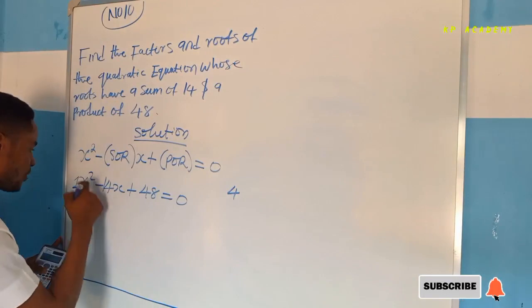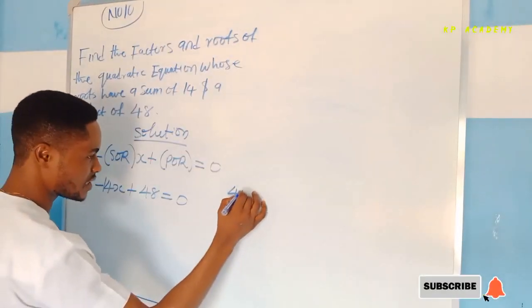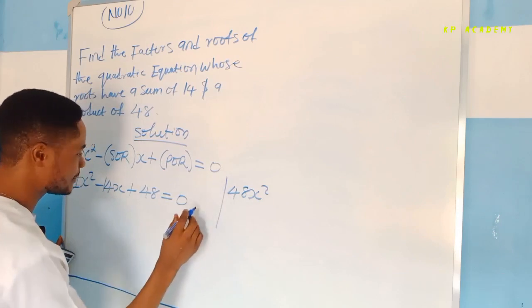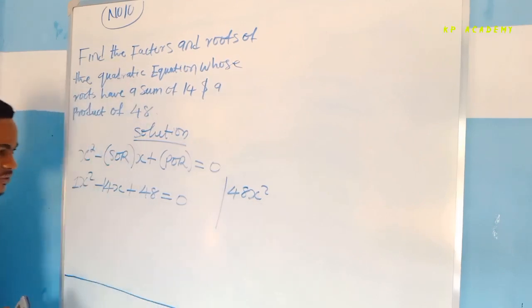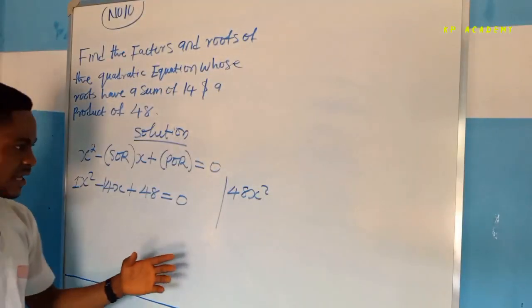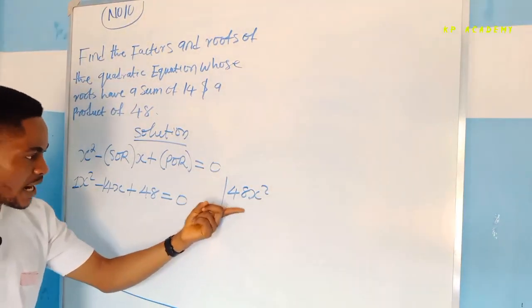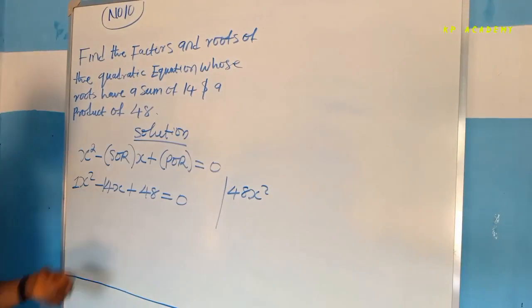Now, the whole of this, which is 1x squared times 48, gives us 48x squared, so we're going to look for the factors of this 48x squared that, when we multiply, give us 48x squared, but when we add or subtract, give us the middle number.